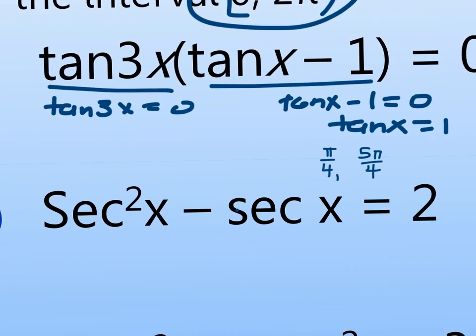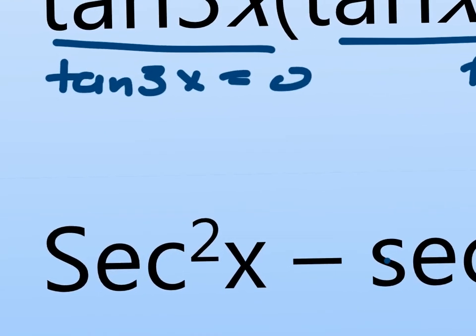Now I look at the left. Now it says tangent of 3x equals 0. So I want to figure out where on my unit circle tangent would be 0. So think about where that happens. Where's tangent 0? At 0 and at pi, right? But I don't need pi because tangent repeats every half. So I would say that 3x equals 0 plus n pi, because that's what we would add on to the interval for tangent.